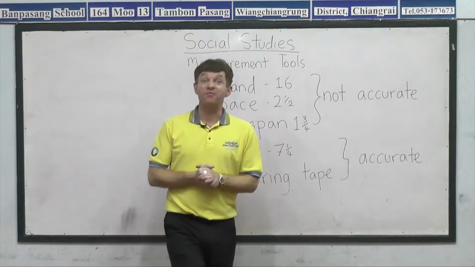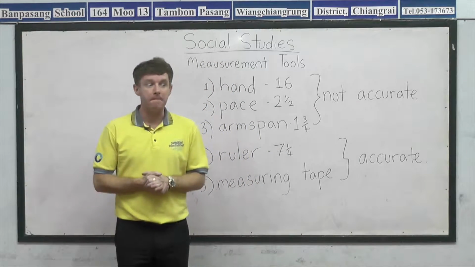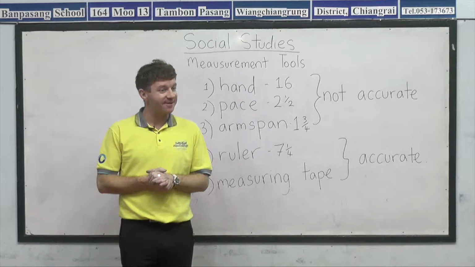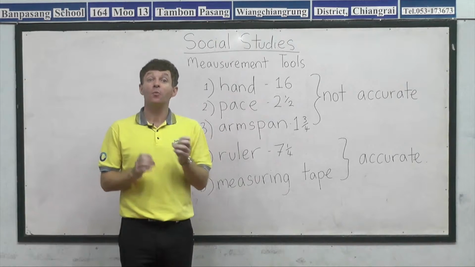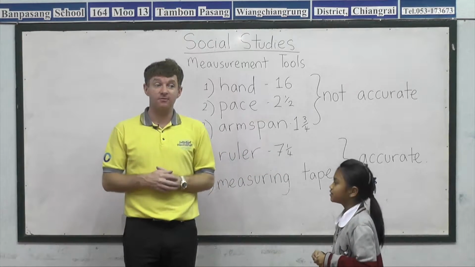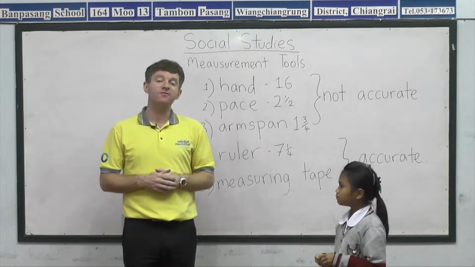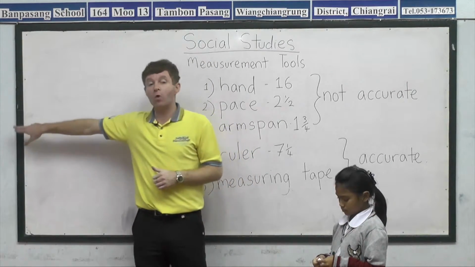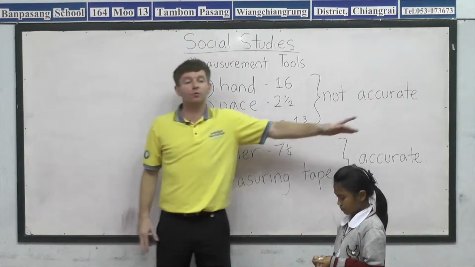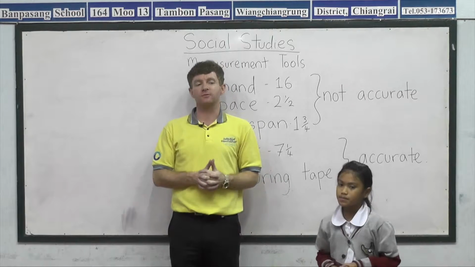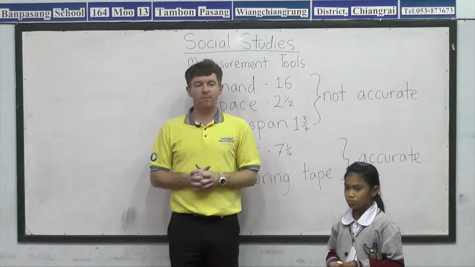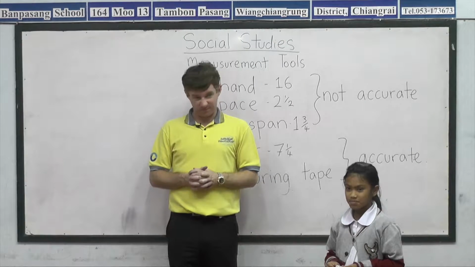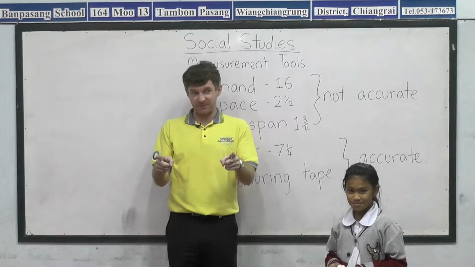And now the final measurement tool, measuring tape. Who has the measuring tape? Pak Boom, come and join me. So this time we can really measure the distance. So what do we think in centimeters, guys? From one side of the board to the other. How many centimeters? I think maybe 300. 37 centimeters.